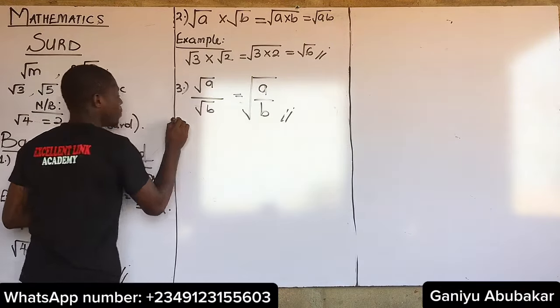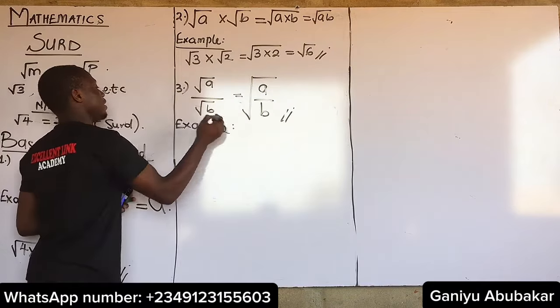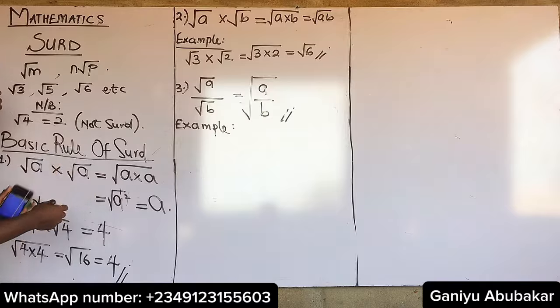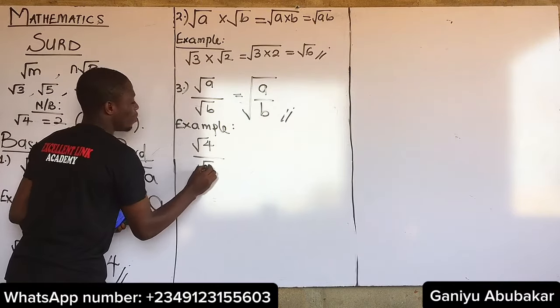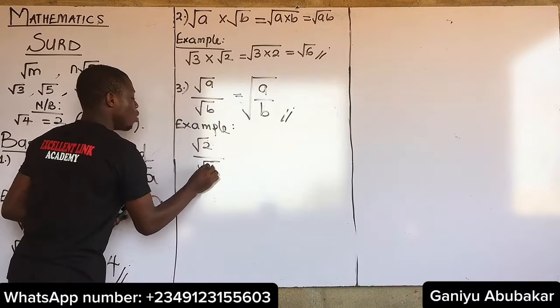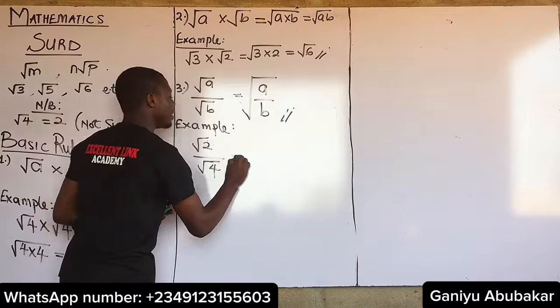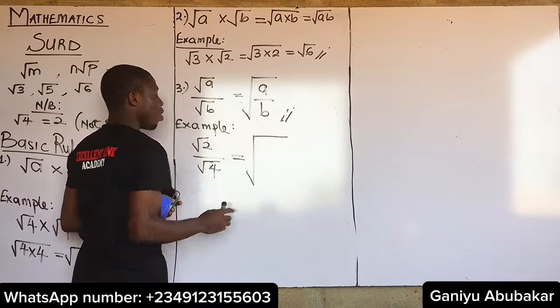An example to explain the third rule that governs surd. If I have the square root of 2 divided by the square root of 4, we said we can break this down as saying what? The square root of what there? Observe something, please.